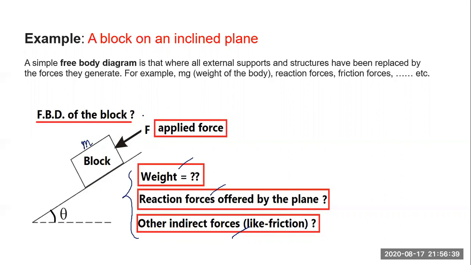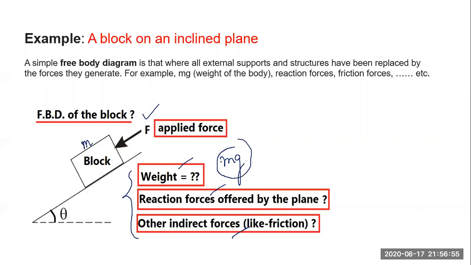Here F is the applied force, this is given. If m is the mass, then mg is the weight, and we all know g is a given constant. So what is the direction of mg?